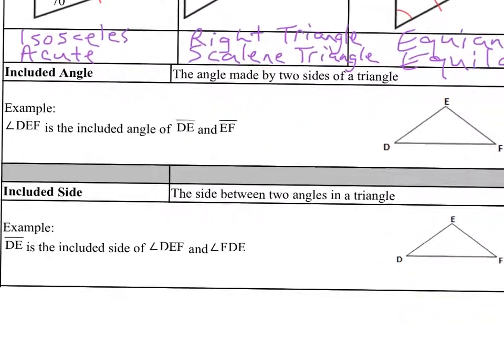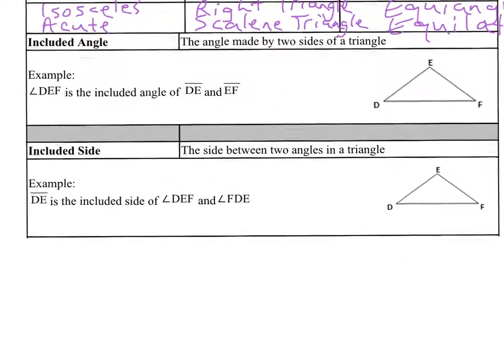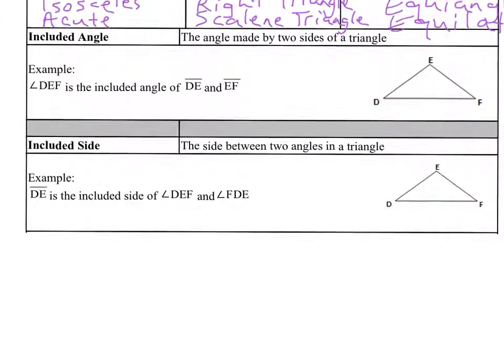If you go to page 2, you'll see the included angle. Here we have a triangle DEF. If we're talking about angle DEF, then that's this angle here. And the sides DE, DE's here, and EF is here.